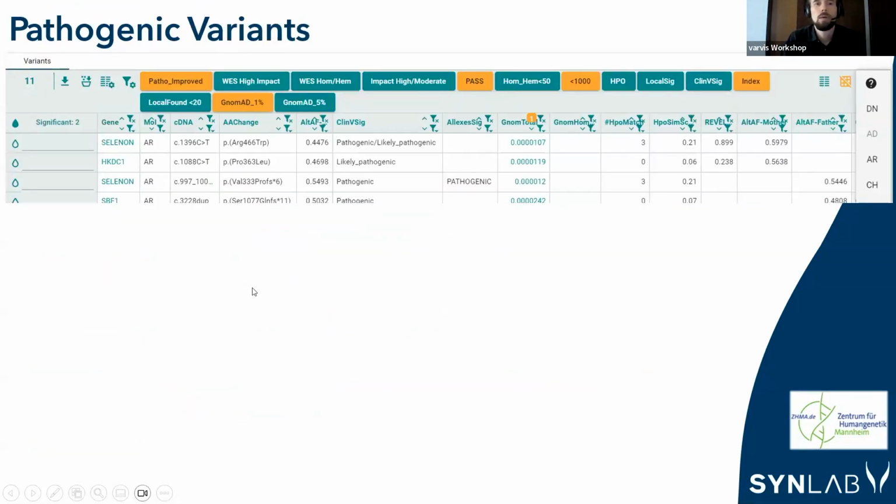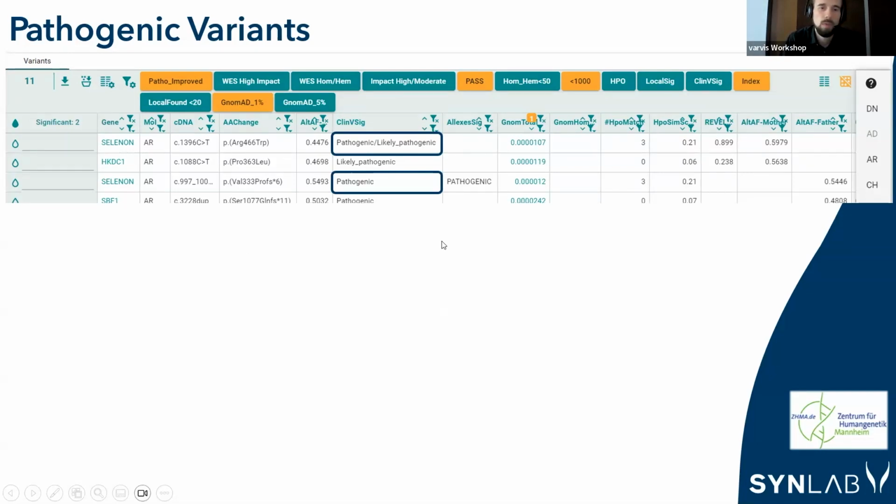So when we started our case, we first used those filter buttons. Here in this case, it's the so-called patho-improved filter button, which was customized by us.